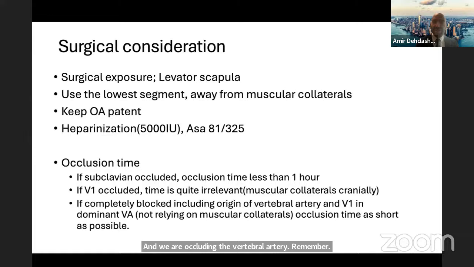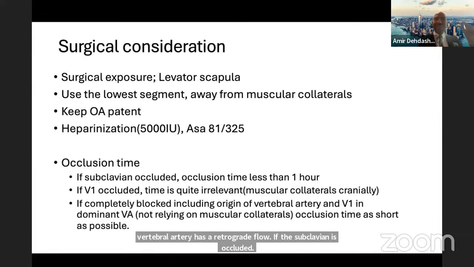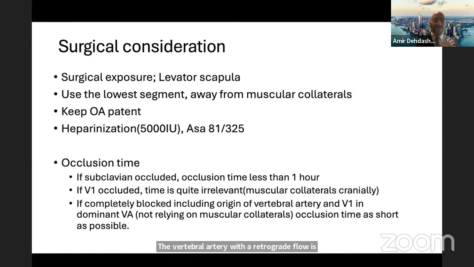If the subclavian is occluded, the vertebral artery with the retrograde flow is serving almost as a blood supply to the arm. It's almost like putting a cuff on your arm and inflating it. So anesthesia, when they do that, usually after 45 minutes, 1 hour, they deflate for the blood flow to go back to the arm. So you have about 1 hour if the subclavian is occluded. More than that, there would be a risk, not for the brain, but for arm ischemia.